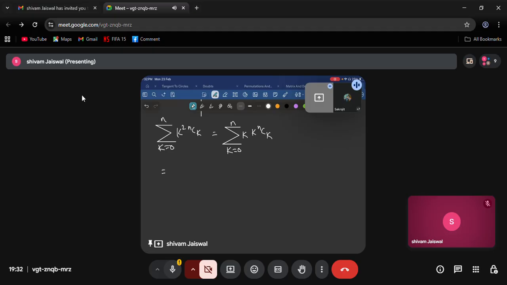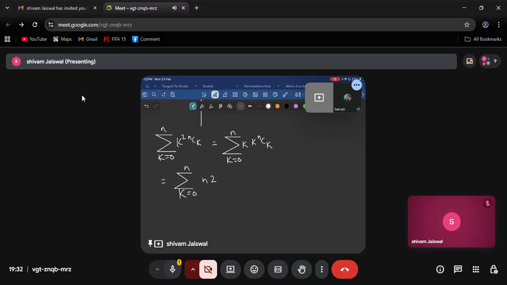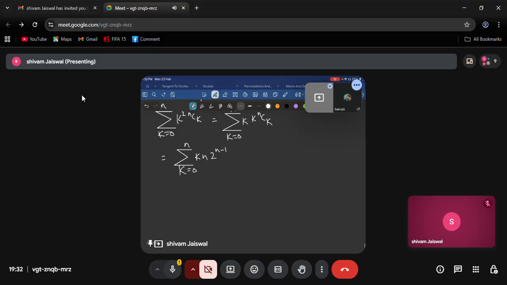This we have already done before, if you remember. Sir, n into 2 to the power n minus 1. Yes, sir. And this is multiplied by k. So n into 2 to the power n minus 1 comes outside.